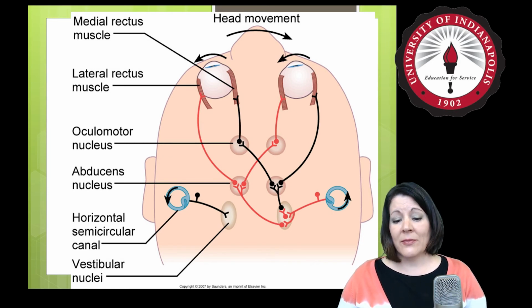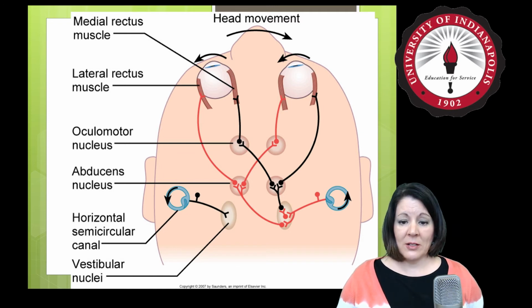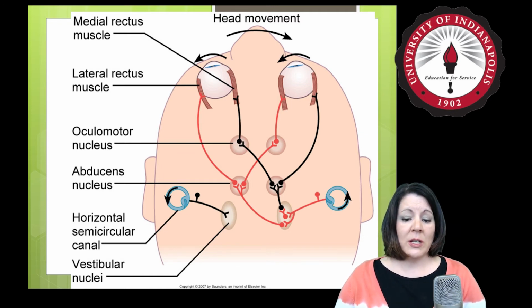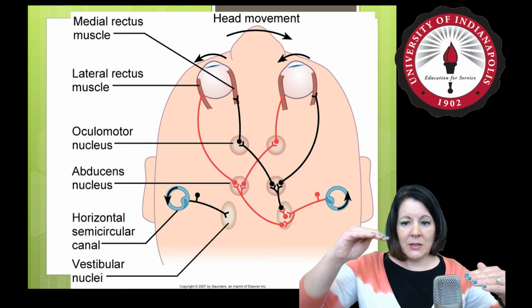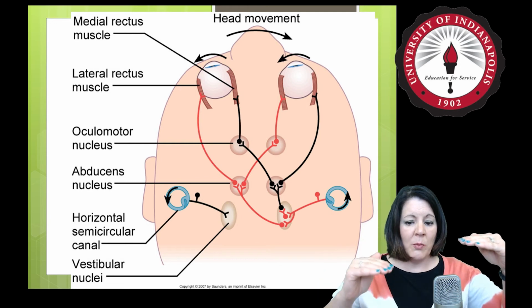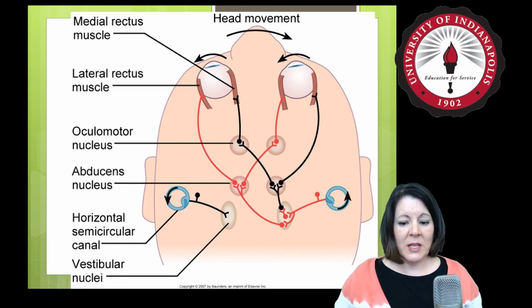Now in the left, we're getting an inhibitory message that turns off all the messages coming from the left semicircular canal. It's a little bit simplistic because these actually are going up and down. It's not just a matter of on and off. It's a matter of how much signal is being sent.